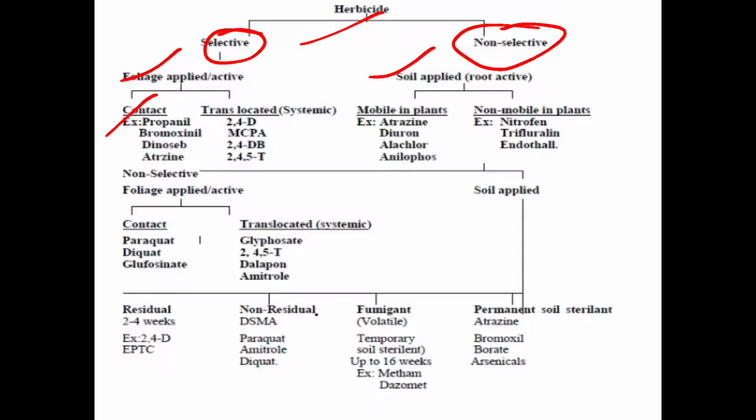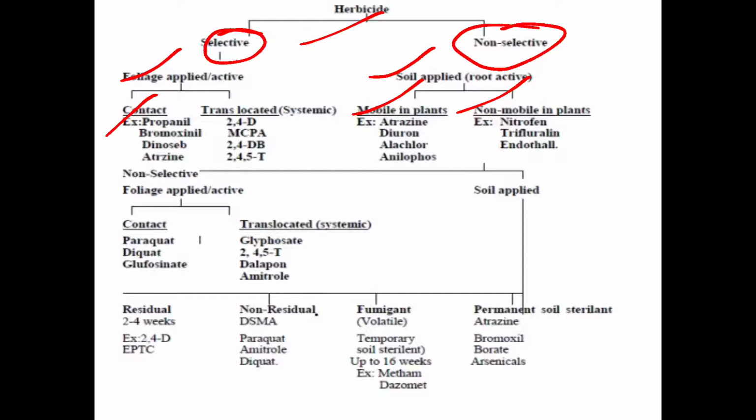Soil applied herbicides are root active herbicides. They divide into two types: mobile in the plant or non-mobile in the plant. Mobile in plant examples are atrazine, diuron, alachlor, anilofos. Non-mobile in plant herbicides are nitrofen, trifluralin, endothal. The second type is non-selective herbicides.